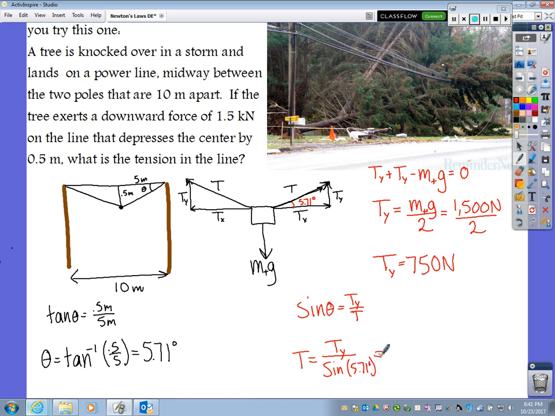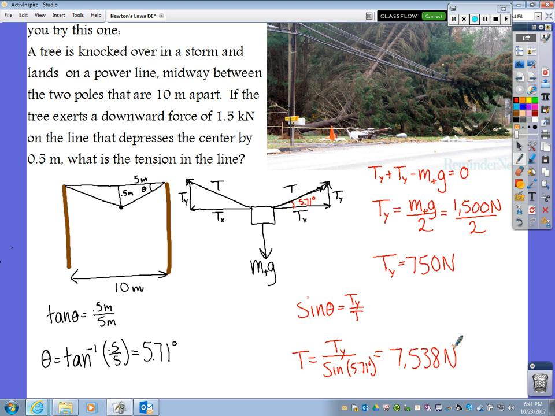And that gives us, let's see, 750 divided by sine 5.71, 7,538 newtons. Should probably round it off.